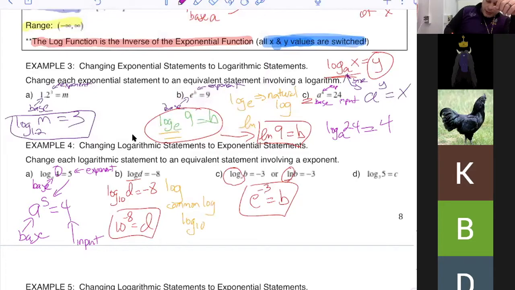How many of you guys got 3 to the C is equal to 5? Give me a thumbs up. Okay, well, we get more than that. All right.